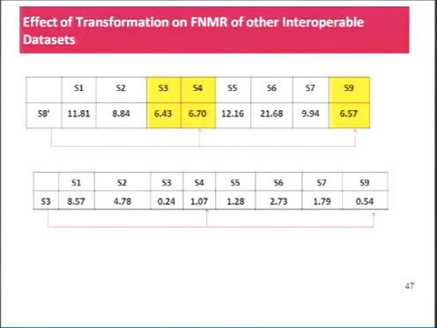And looking upon further analysis, we saw that there was a transitive nature to this phenomenon. S3 and S4 and S3 and S9 had the lowest interoperable error rates. So when S8 prime was changed so that it would match well with S3, it also matched well with S4 and S9.